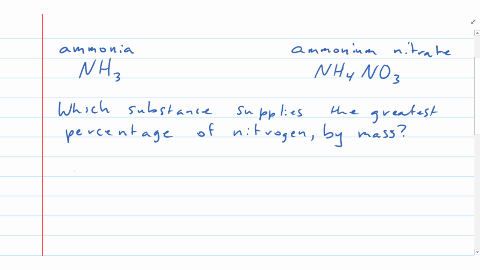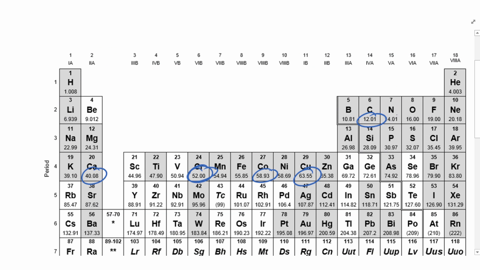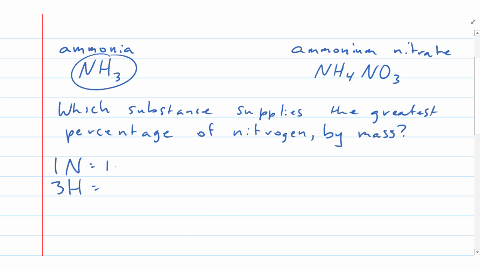So to do this one, we're going to start with ammonia. Working with ammonia, how many nitrogen atoms are shown in this formula? 1. And how many hydrogens? 3. Okay, so we're going to calculate the molar mass kind of the long way here. We're going to write everything out. So we have 1 nitrogen with a mass of 14.01.